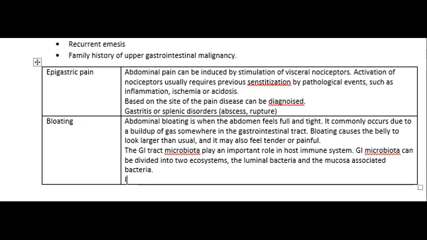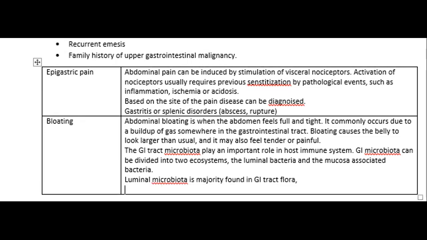The luminal microbiota is found in the majority in the GI tract, and this is responsible for bloating.